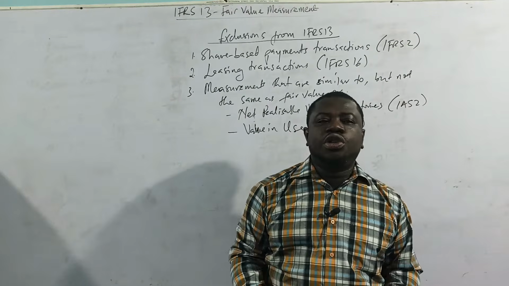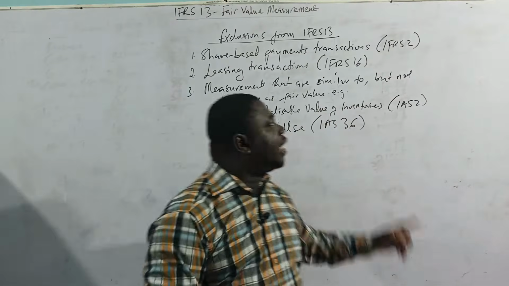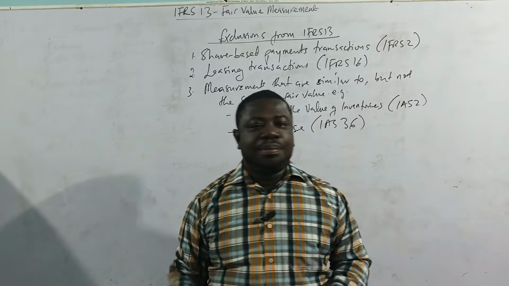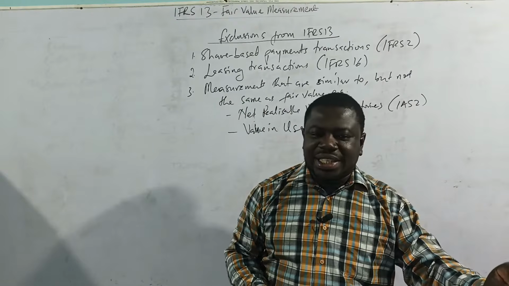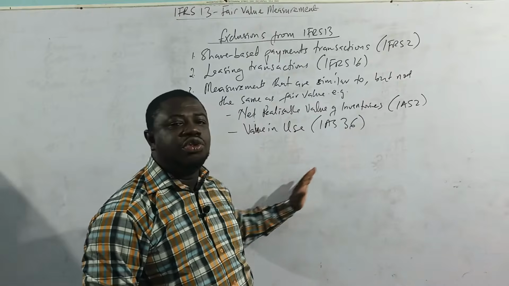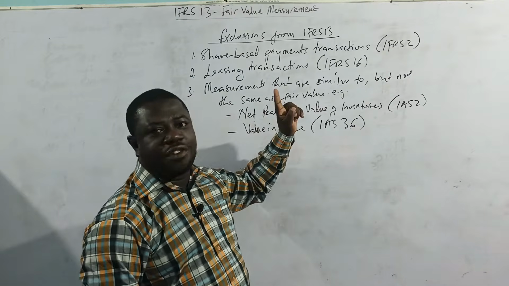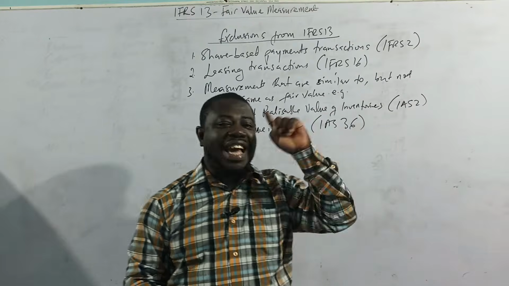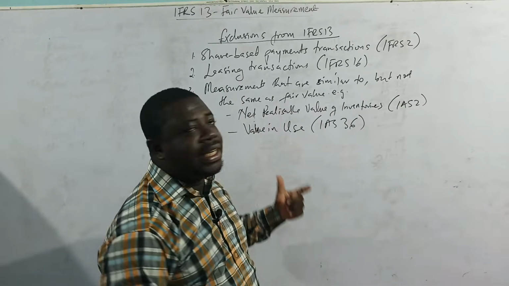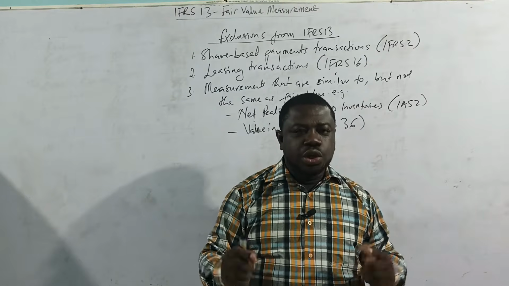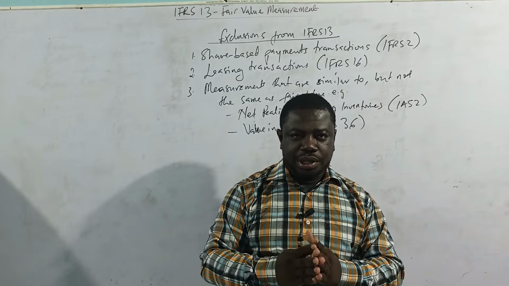So if you want to define the fair value under IFRS 13, you are not just going to go by the scope of assets, but it's supposed to be for both assets and liabilities. So there's going to be a slight modification in the way we define fair value under IFRS 13, because in IAS 16 we said that it is the value at which the assets, but in IFRS 13 we are not going to talk about only assets but assets and liabilities. So you need to understand what we are doing.